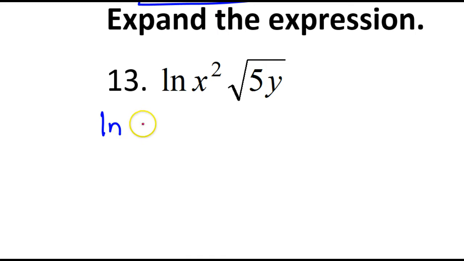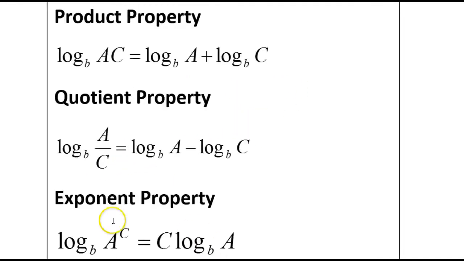So I have natural log of the square root of x squared times 5y. Now this square root, I could split apart into the square root of 5 and the square root of y. That's like 2 separate things. In preparation to do my exponent property, this time I'm expanding, so I'm going to take exponents and put them in the front.